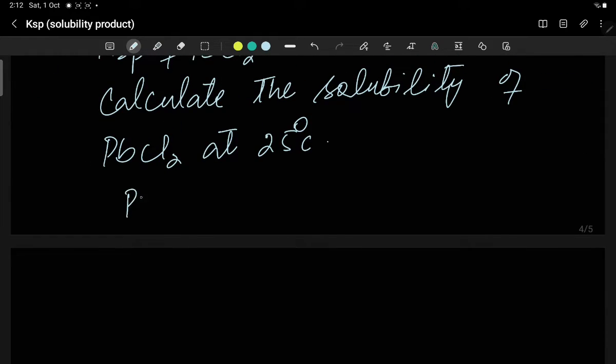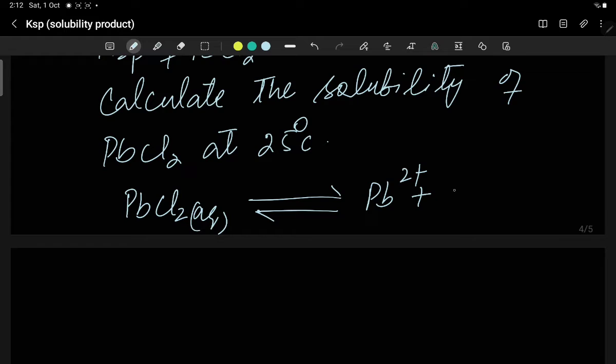So lead chloride ionizes like Pb2+ and 2Cl-. Suppose the solubility of PbCl2 at 25 degrees centigrade is x mole per dm cube.